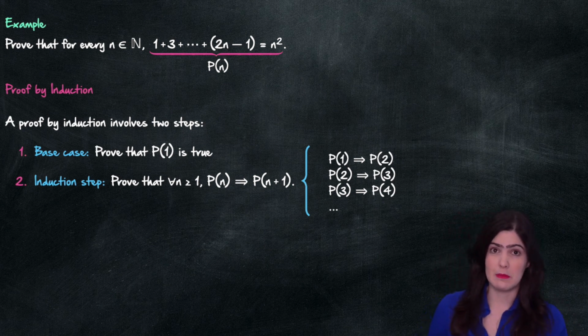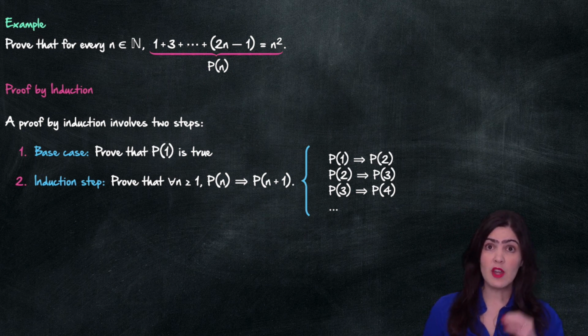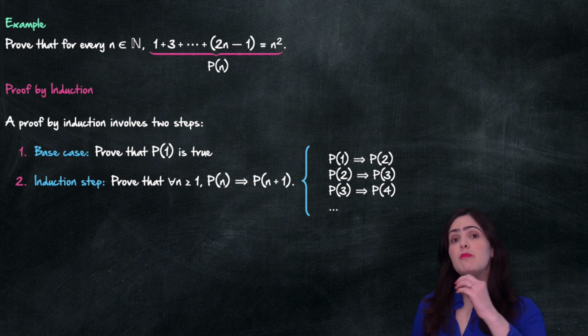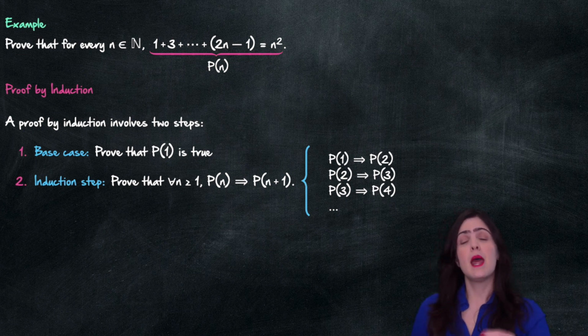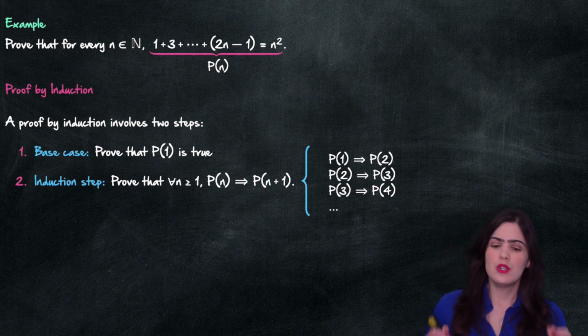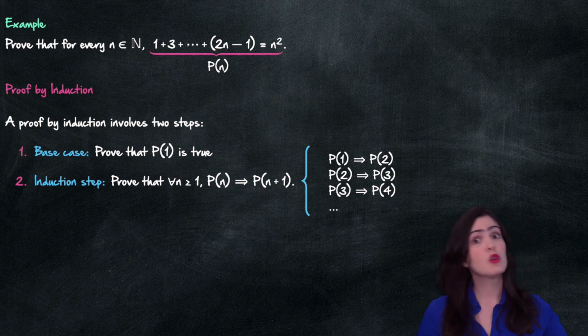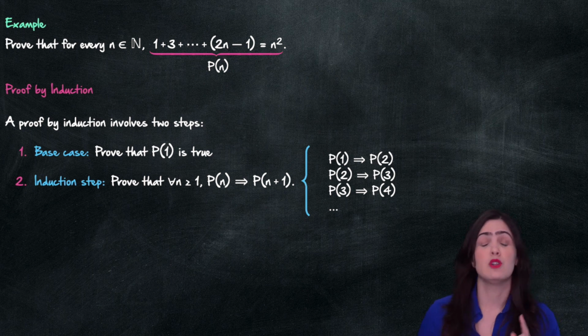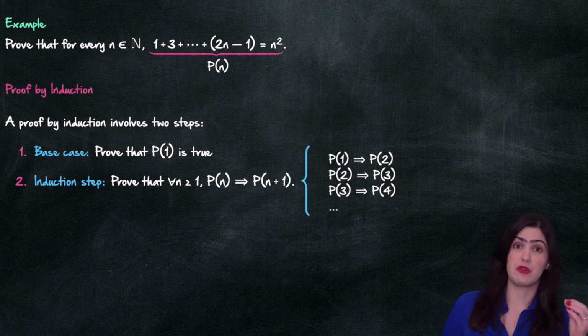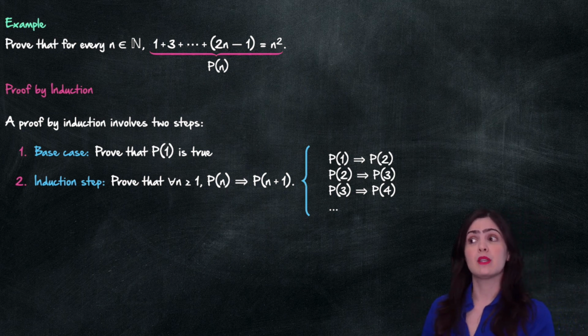So what this tells me is that if I know that p of 1 is true, then p of 2 is true. And if p of 2 is true, then p of 3 is true, and so on. So you see, in the induction step, I'm not proving that p of n is true. I'm not proving that p of n plus 1 is true. All I'm proving is that if p of n is true, then p of n plus 1 is true.